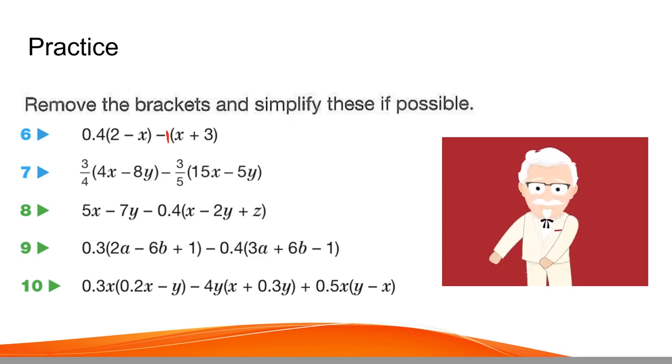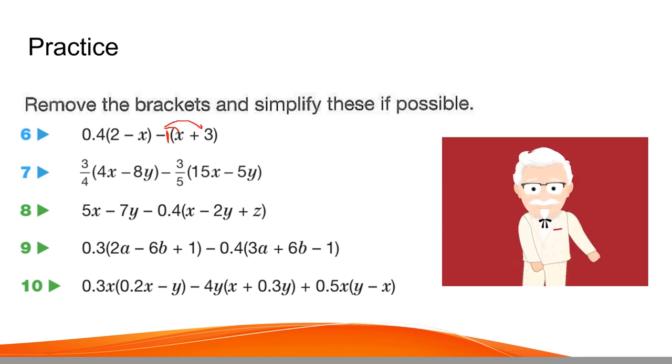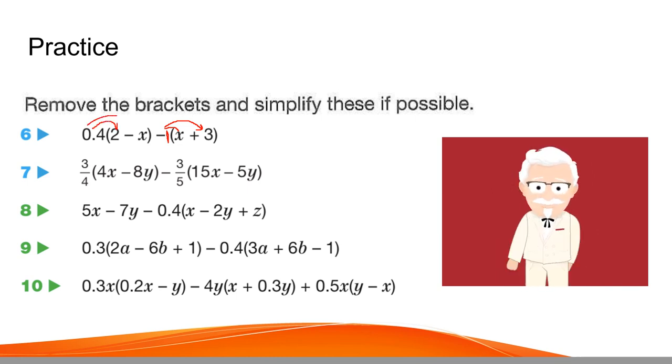It should be standard form that you know there's always a negative 1 there. So that negative 1 will also be multiplying the x, and then you come back and say that negative 1 multiplying the 3. And remember I said the 0.4 multiplies the 2, and then the very same 0.4 multiplies the x. Okay. And then you also do the same with this one and the other one.